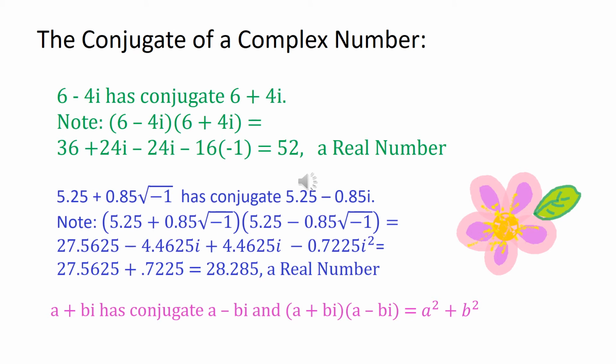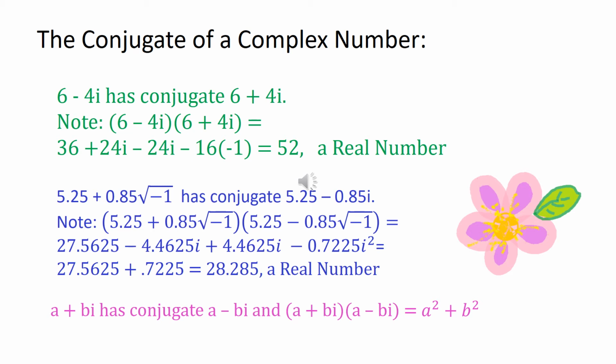The conjugate of a complex number is another complex number that when multiplied by it gives you a real number. So for example, 6 minus 4i will have conjugate 6 plus 4i. The reason for the sign change is that now when you FOIL, you will get 6 times 6 or 36.